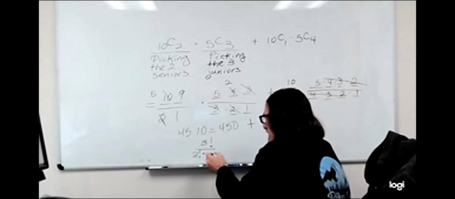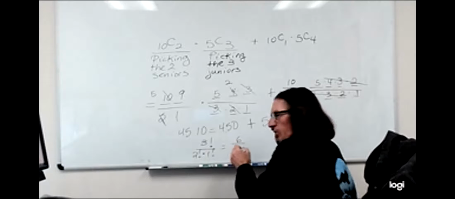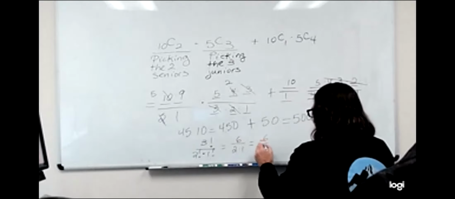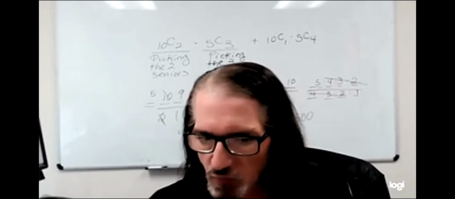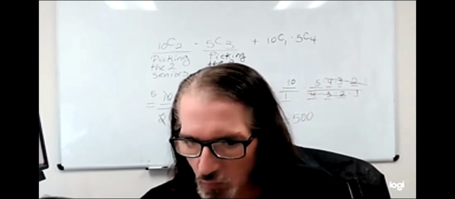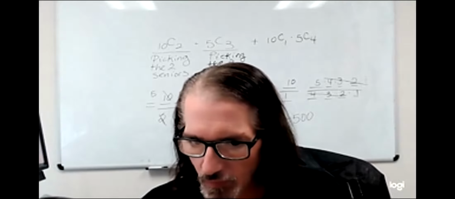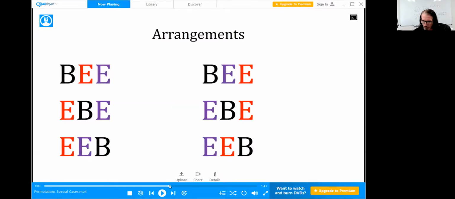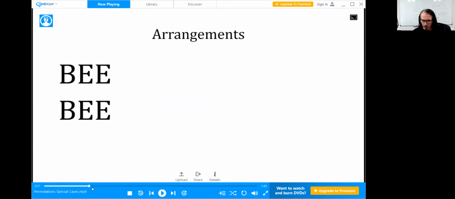Also, we had the B, 1 B. So we'd figure out 3 factorial over 2 factorial times 1 factorial. And that gave us the 3 ways to arrange that we saw at first without the coloration, without the E's being distinguishable from each other. Let me scroll back to that again. So they were right here.